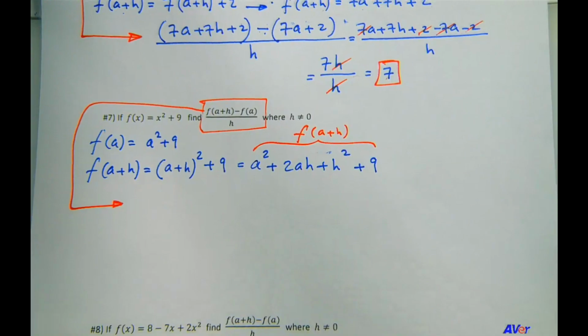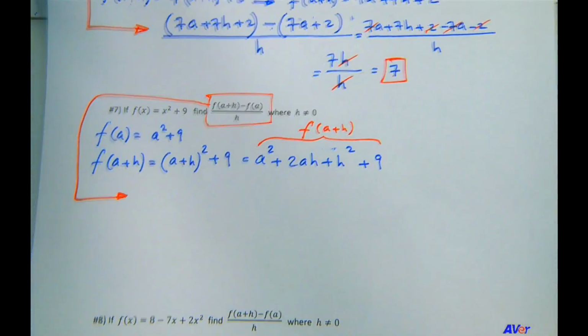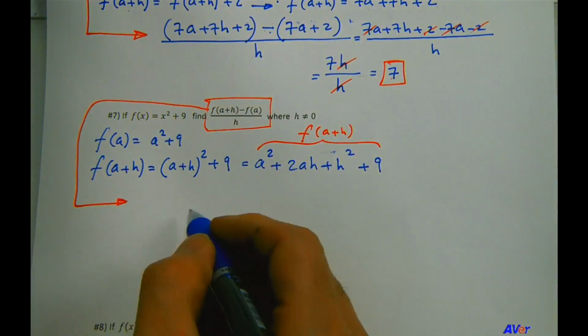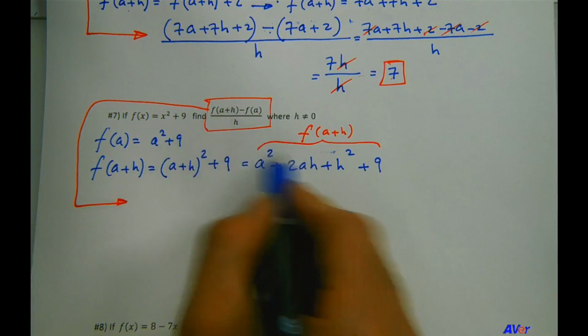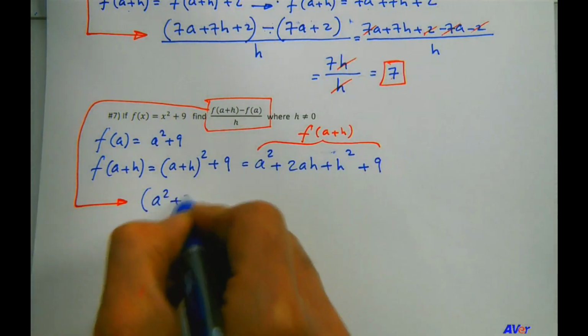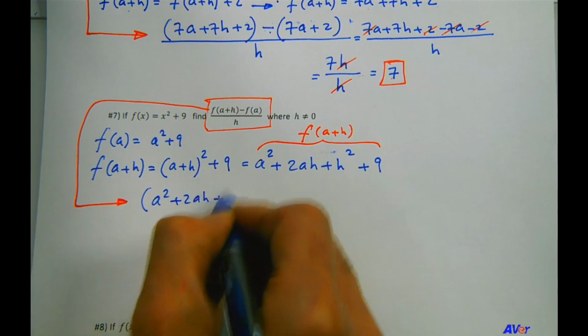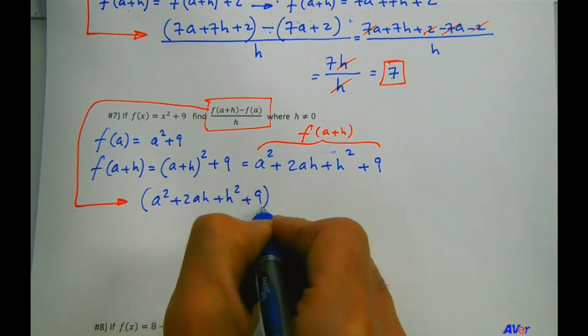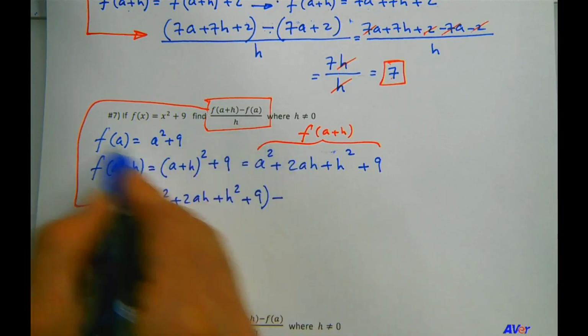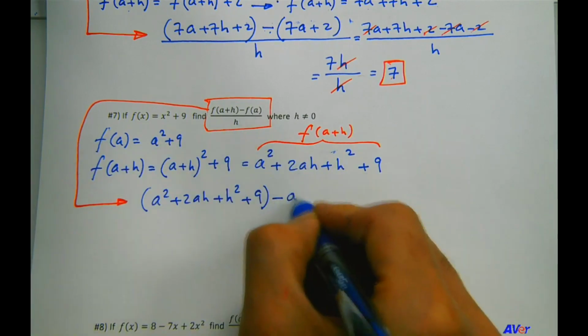Let's do that here. Okay. All right. So f of a plus h, which is the whole thing here, a squared plus 2ah plus h squared plus 9 minus f of a. F of a is all of this, a squared plus 9.